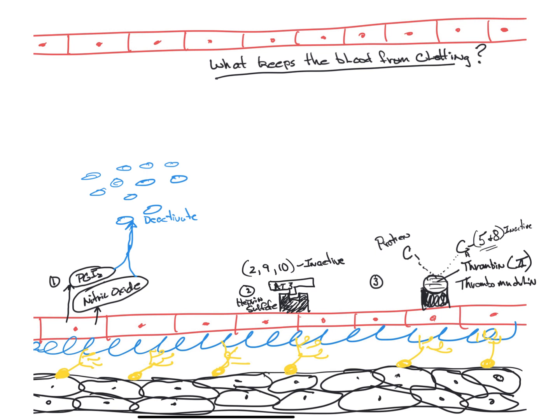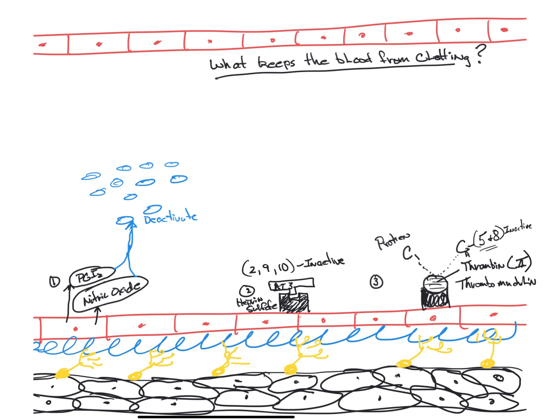Okay, so what you've done then, from step number 1, you've got nitric oxide and your prostaglandins, those PGI2s, that will inhibit the platelets, or inactivate or deactivate them, so that they can't go and form a clot. Then you have heparin sulfate that combines with AT3 that causes clotting factors 2, 9, and 10 to be inactive.